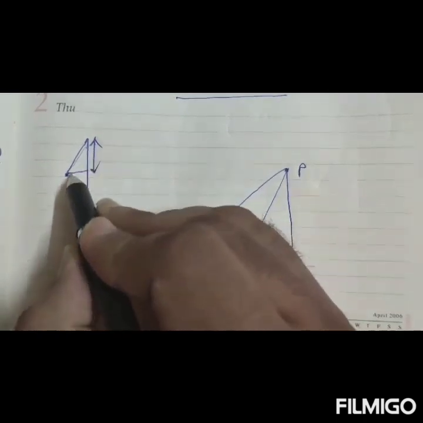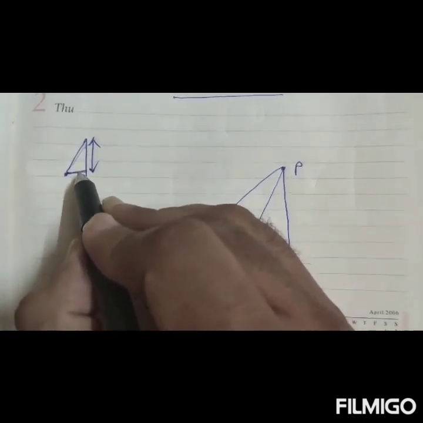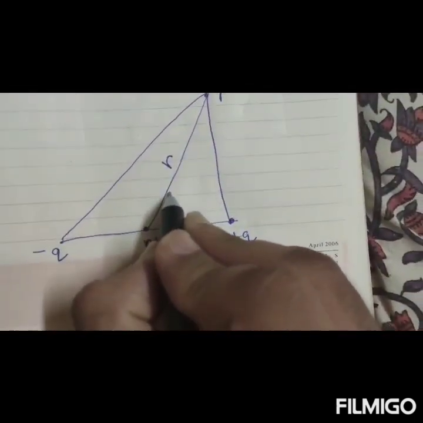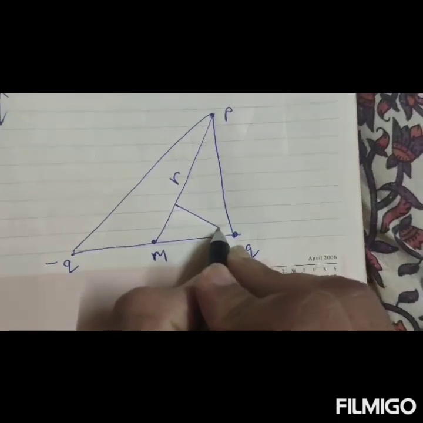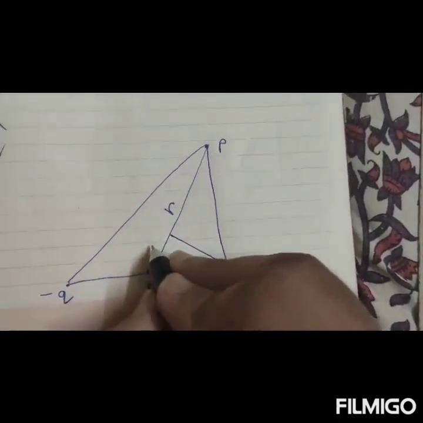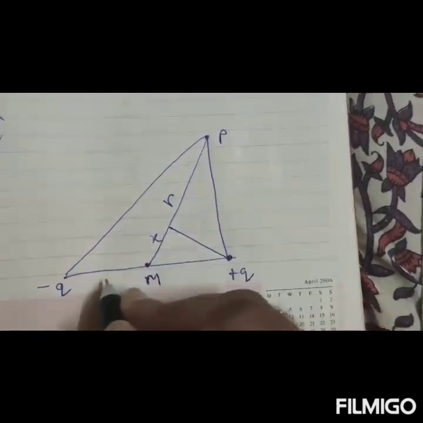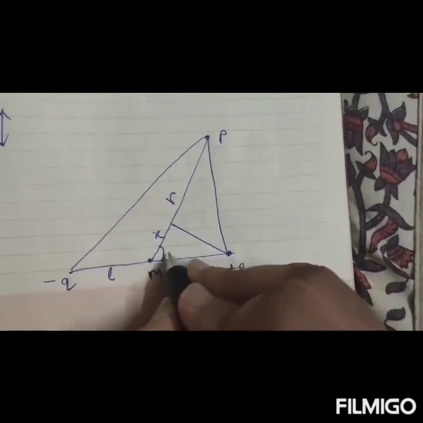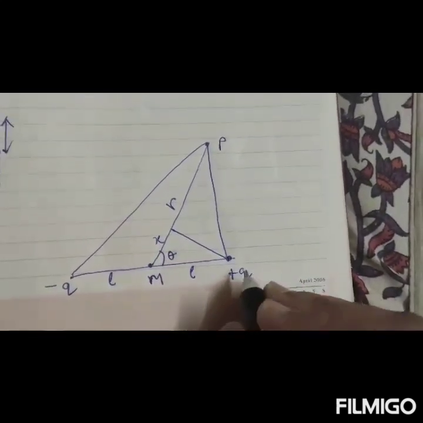The same technique, I will apply here. I will draw a perpendicular like this. Let us take this distance as x, these distances are L, and this angle is theta.